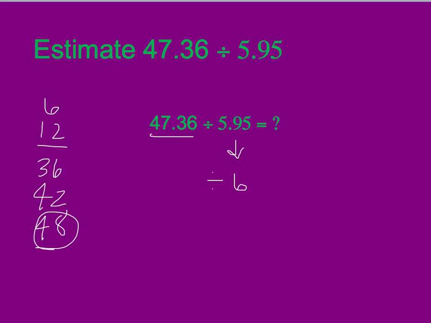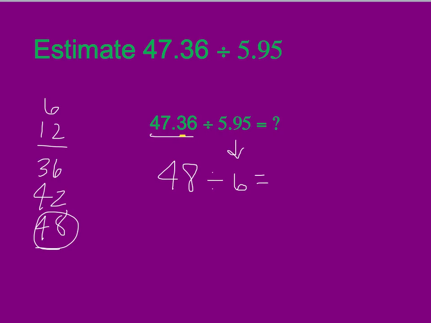I see that 48 is pretty close to this number, so I'm going to change 47.36 to 48. Notice that this isn't following a rounding rule, because if I were to round this number, I would round it down to 47. Here I'm using compatible numbers to find a quick estimate.